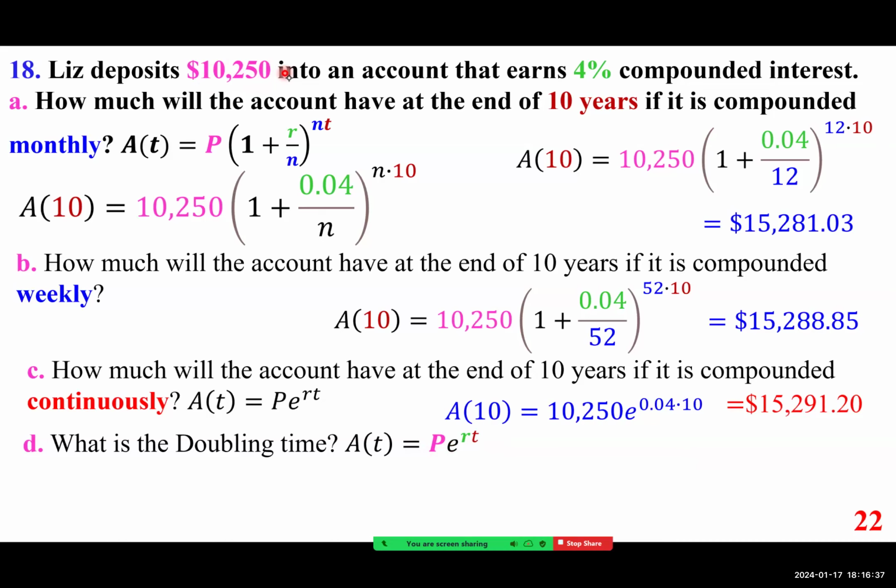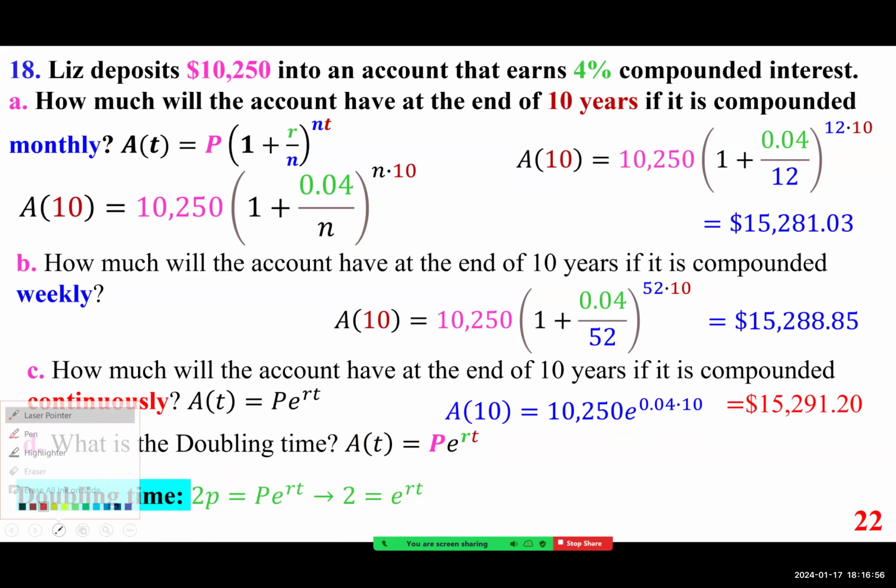So instead of using $10,250, I'm going to leave it as P. But if it's doubling, this becomes 2 times P, everybody. So I can drop the P, 2 is e to the power of RT. And now if I take the natural log of both sides, the natural log of 2 and natural log of e to the power of RT, I hope you know the formula then becomes RT, right?